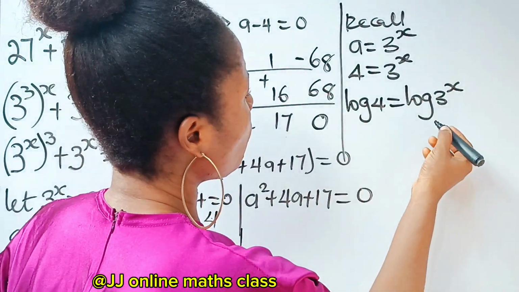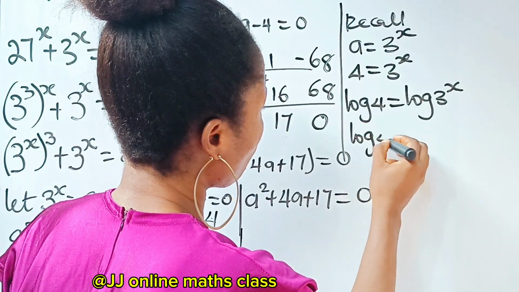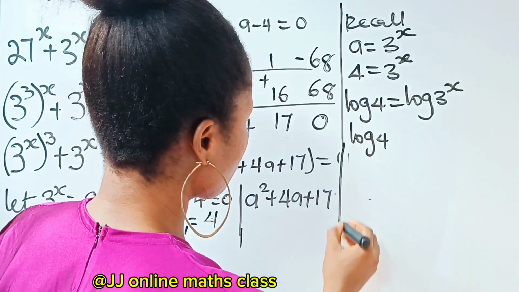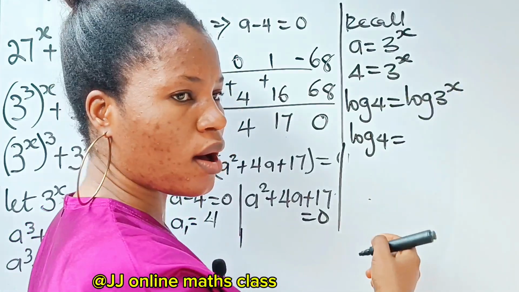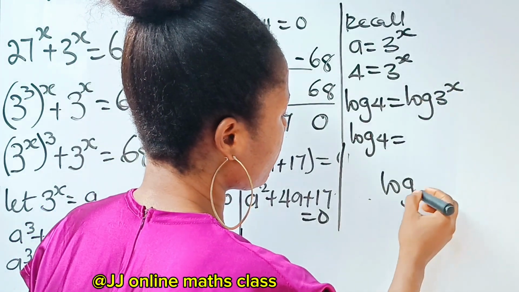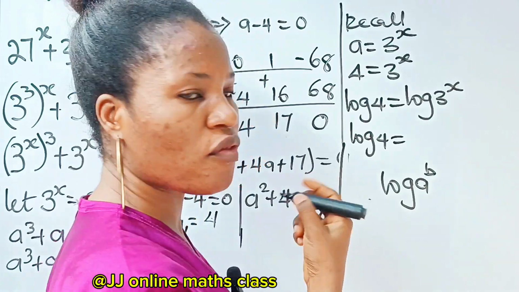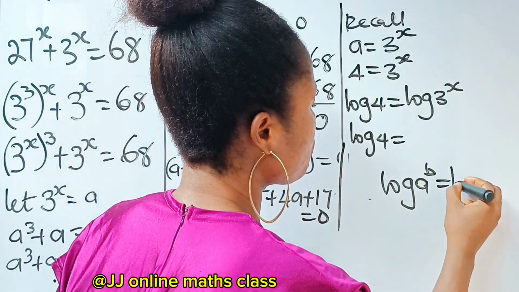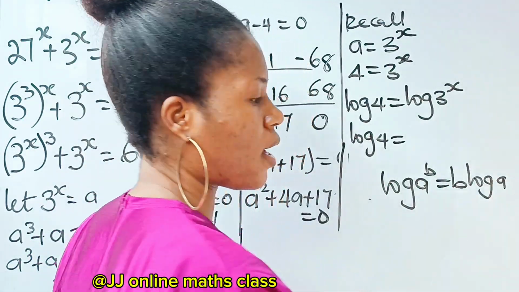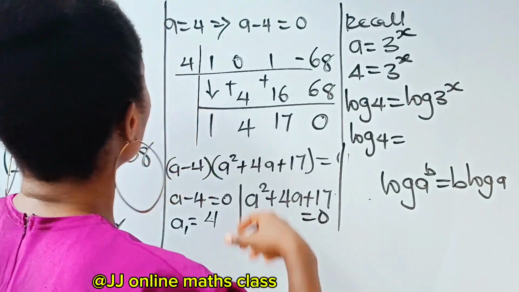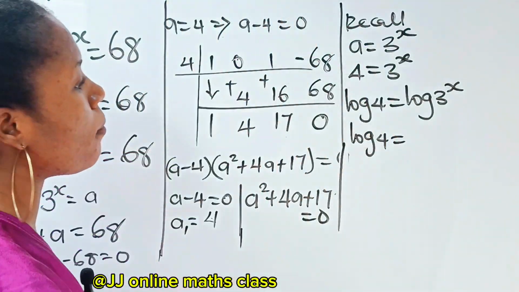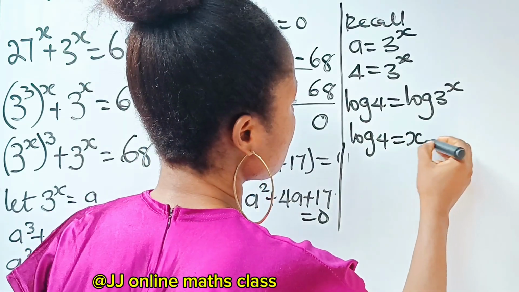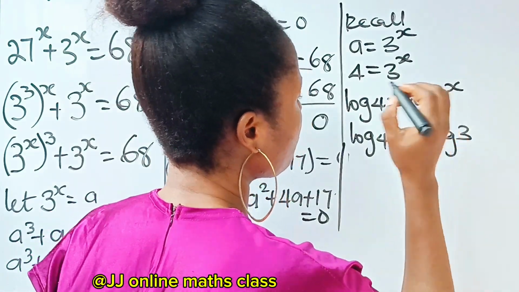All right. Now we have that log 4 is equal to, when you have a power, according to the law of logarithm, log a to the power of b is equal to b multiplied by log a. So that means that we can write this as what? x log 3.